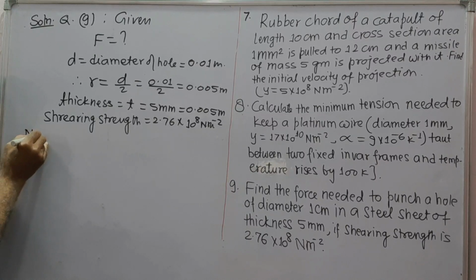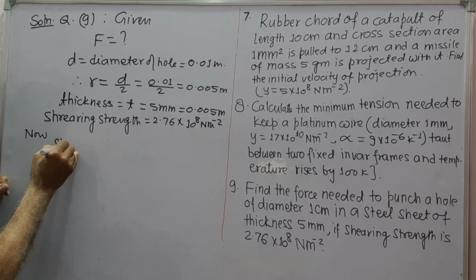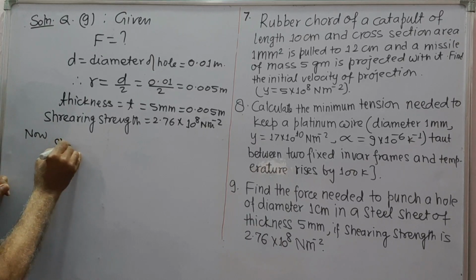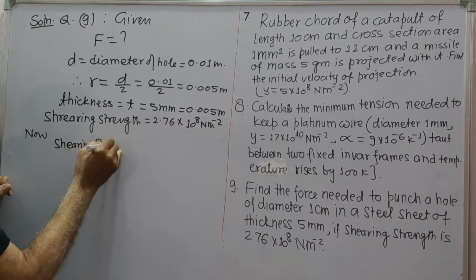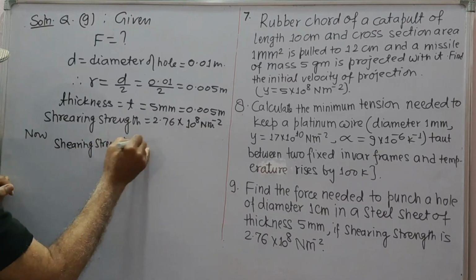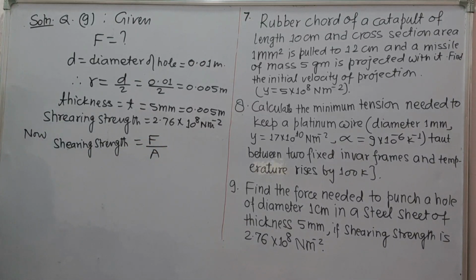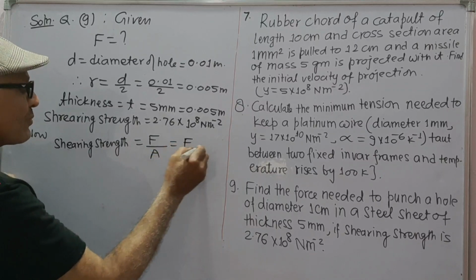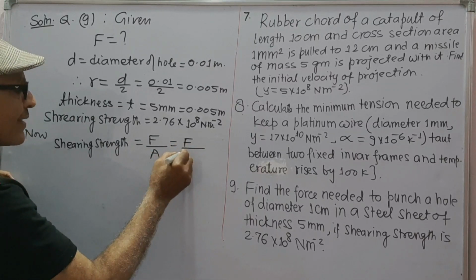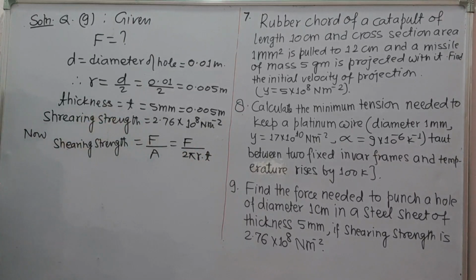Now, shearing strength will be equal to force per unit area, simply stress. This is force per unit area, area is 2 pi r into thickness, area of hole.